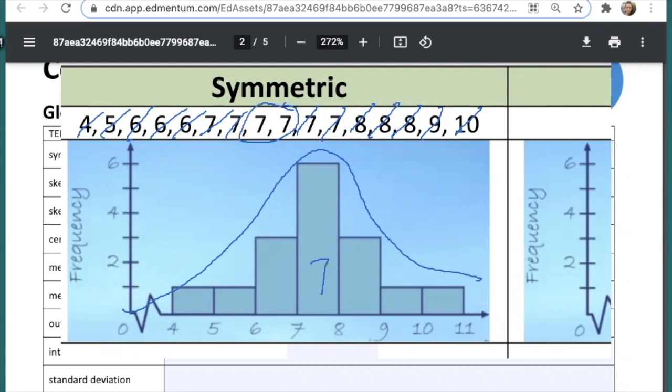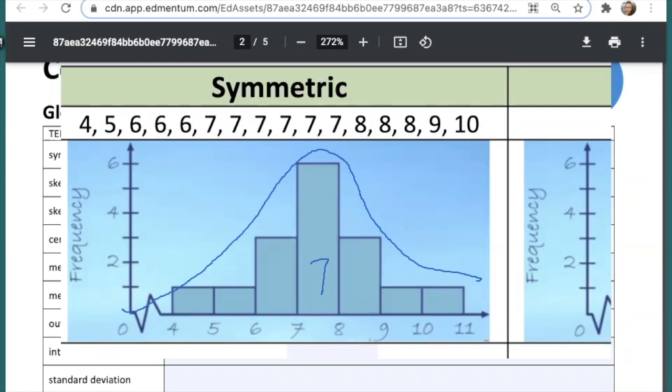And then the average, if I were to add up all of these numbers and then divide by the count, 1, 2, 3, 4, 5, 6, 7, 8, 9, 10, 11, 12, 13, 14, 15, 16, so divide by 16, I think I'm also going to get 7.